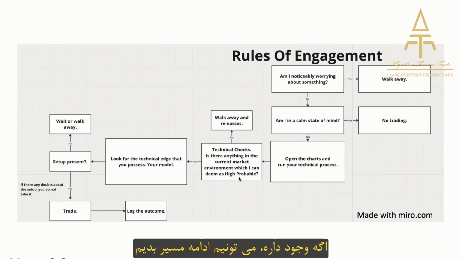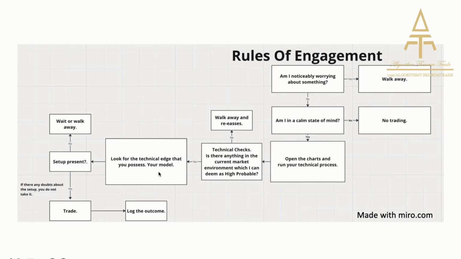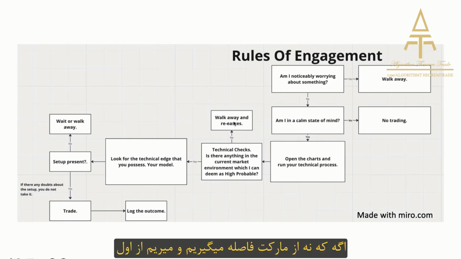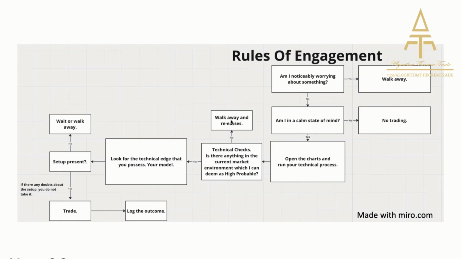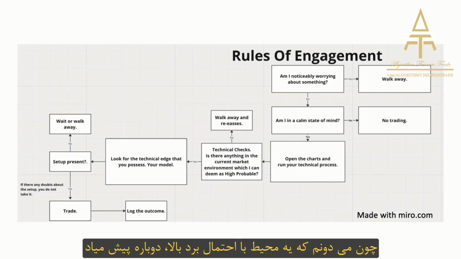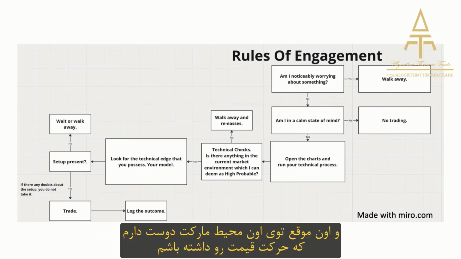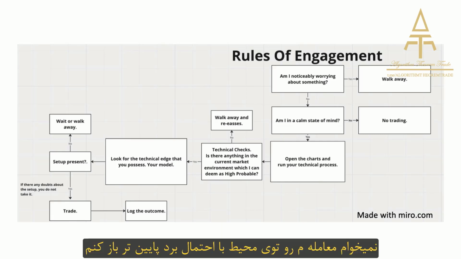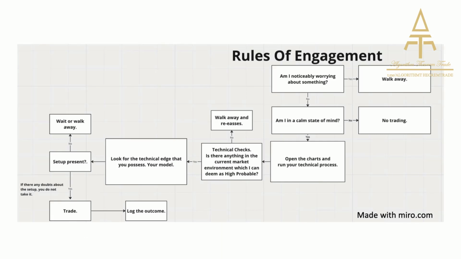If there is, I will continue. If there isn't, I will walk away and reassess, because I know that a high probable environment will come again, and that's the environment in which I want to push it. I do not want to push it in a low probability environment.